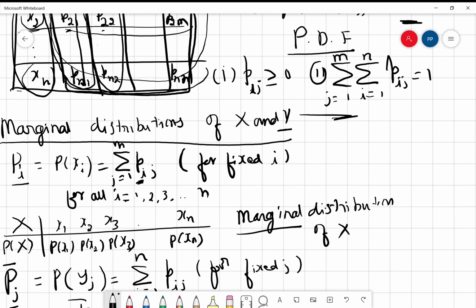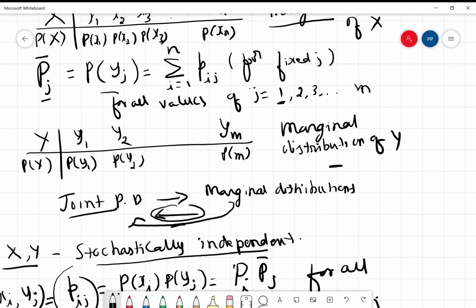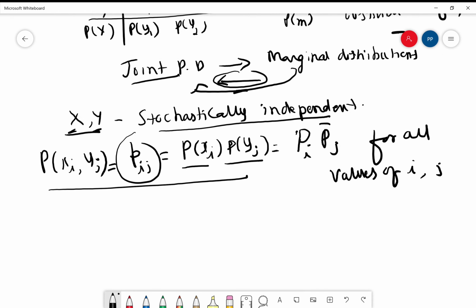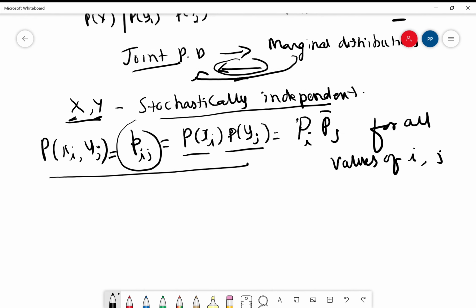Next, can we find a relation between these two variables x and y in a joint probability distribution? In statistics, in module 3, you are studying correlation and also covariance, the relation between two variables, how they are changing.